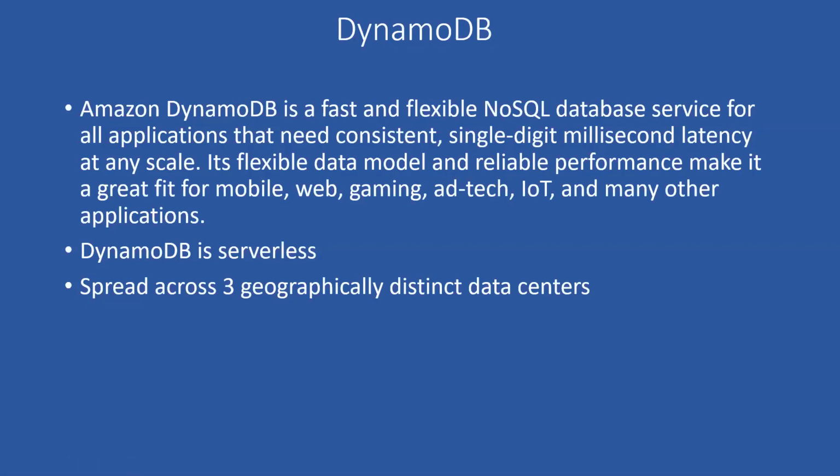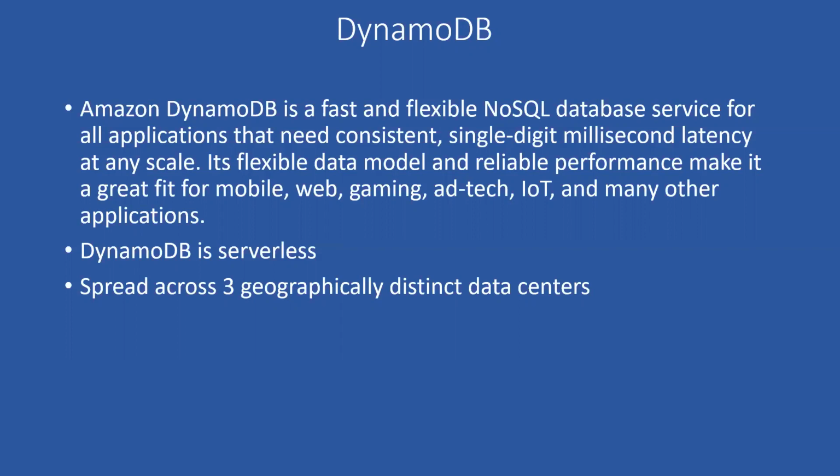Most of this text I got as is from the AWS website itself. And DynamoDB, yes, it's serverless. Pretty much you can go create a new table there without having to worry about creating the underlying database. So DynamoDB spreads across 3 geographically distinct data centers.